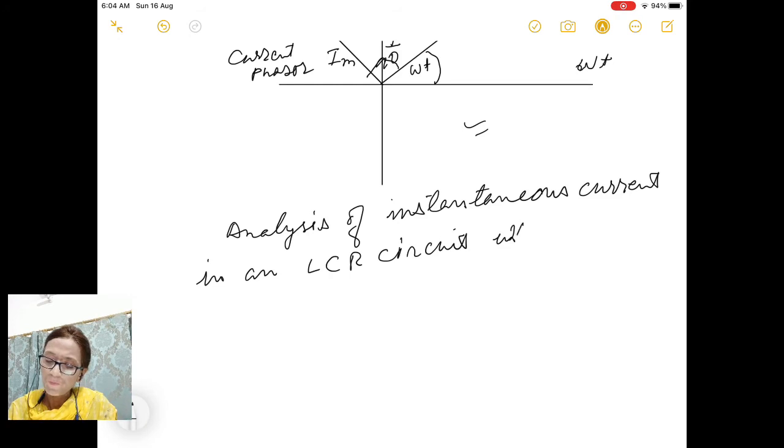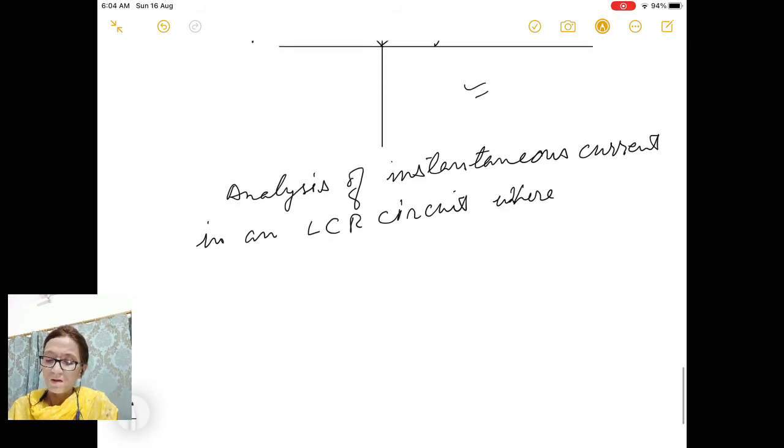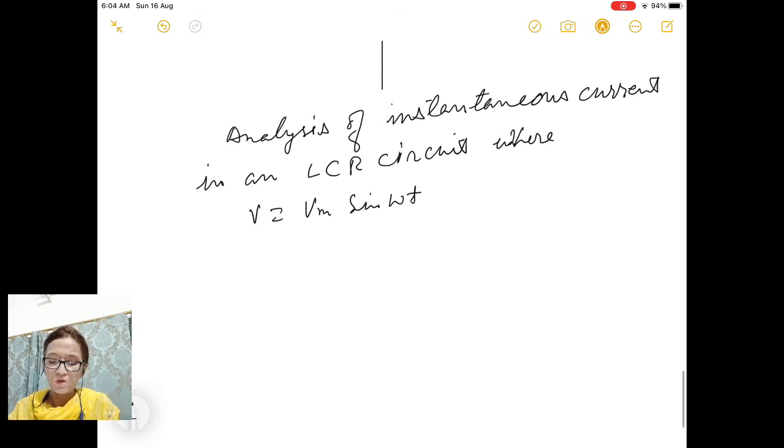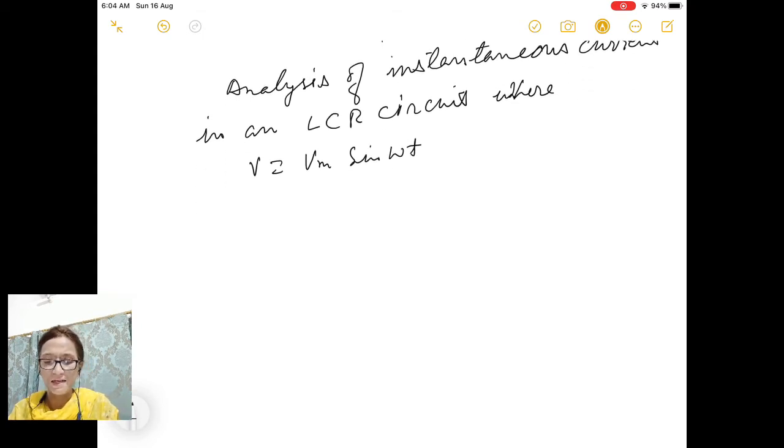Where the instantaneous voltage provided to the circuit V is given by Vm sine omega t. So you have been given instantaneous voltage and you have series LCR circuit, means you have one resistor, one inductor and a capacitor. All the three are connected in series.